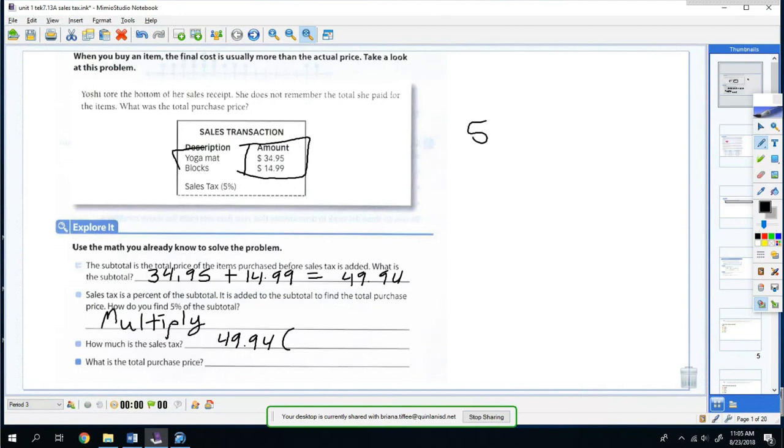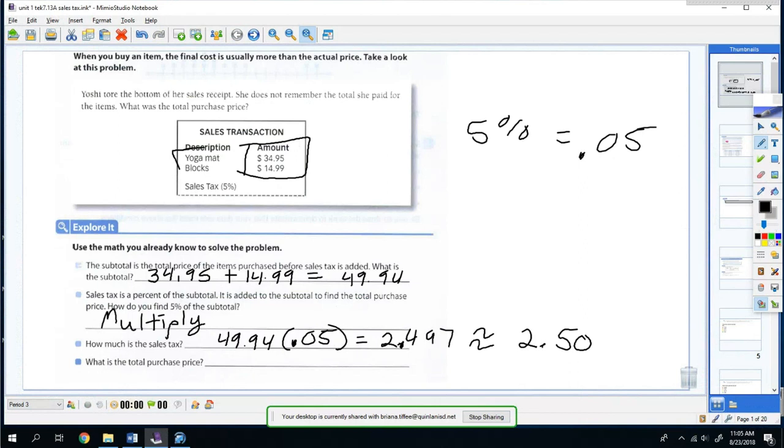Remember, 5% is 0.05 as a decimal, so you're going to multiply by 0.05. You get 2.497, and you have to round it to the nearest cent, so it'd be $2.50.